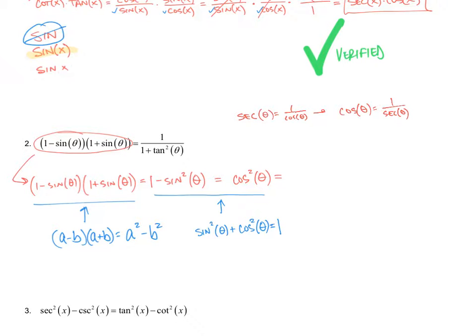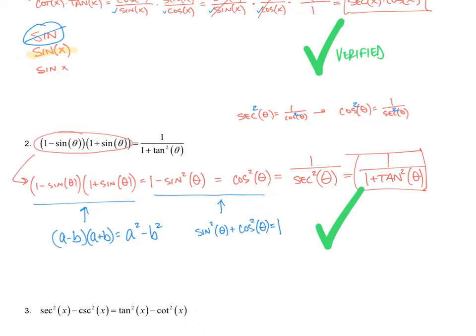Now, if I go back and square all of these things, I have cosine squared theta equals 1 over secant squared theta. And last but not least, secant squared theta is equal to 1 plus tan squared theta from that other Pythagorean trig identity that we just learned. So boom. This bad boy is verified.